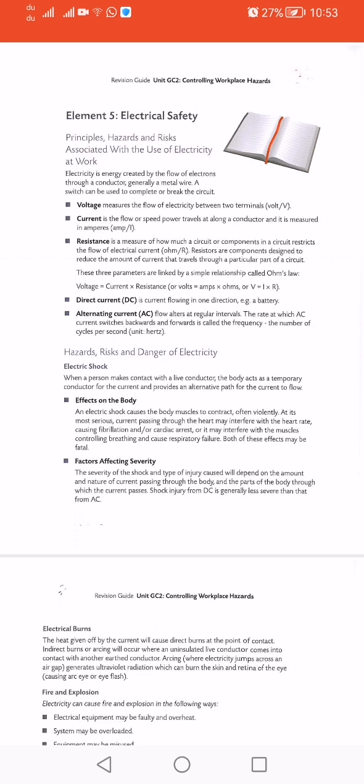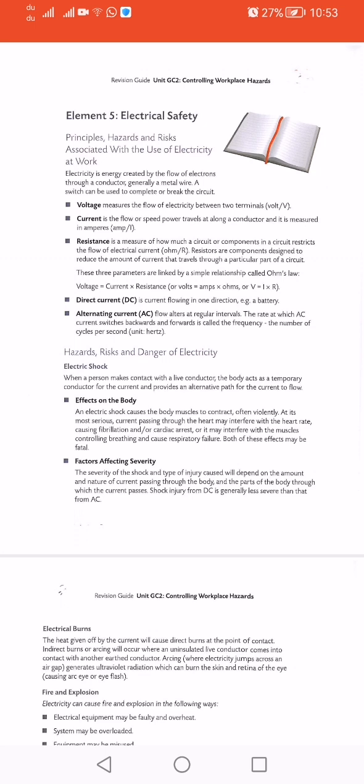The rate at which the AC current switches backward and forward is called the frequency, right? The frequency is the number of cycles per second. It's measured in hertz, right?